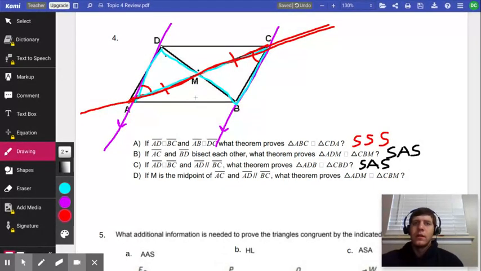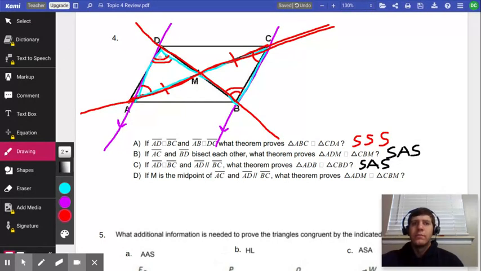Okay. And you can then also use the other one as your transversal. So if we made DB our transversal, then angle ADM here would be congruent to CBM, right? Alternate interior angles. These two pairs of angles would be congruent because of the alternate interior angle theorem. If you have parallel lines, the alternate interior angles are congruent.